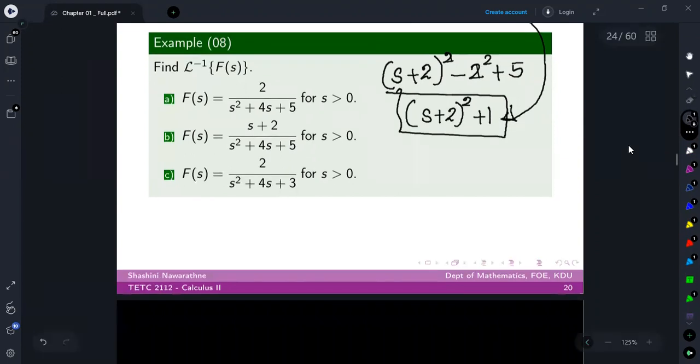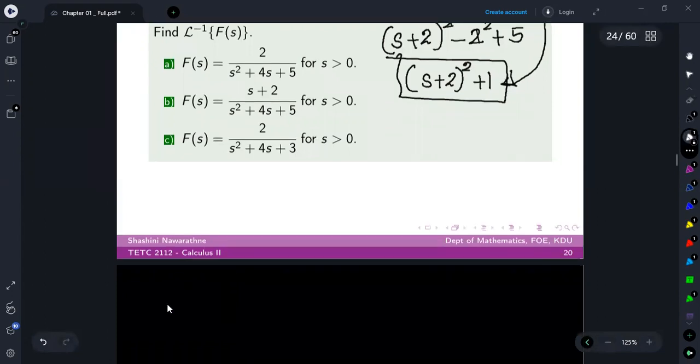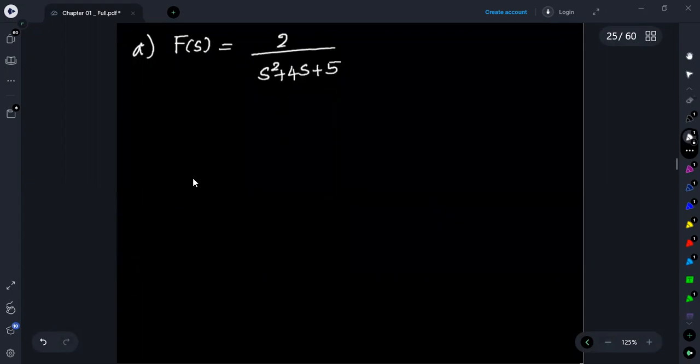So let's see how to obtain the answer for example number 8, part A. In part A, capital F of s is given as 2 over s squared plus 4s plus 5. The first thing we have to do is complete the perfect square. Since I have done it earlier, I will just write it here.